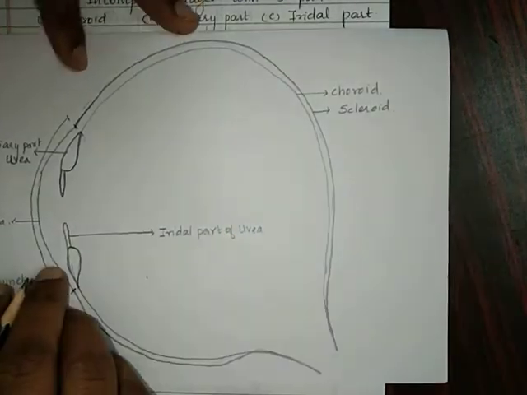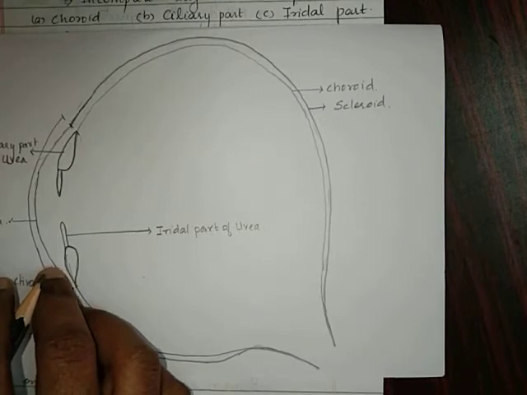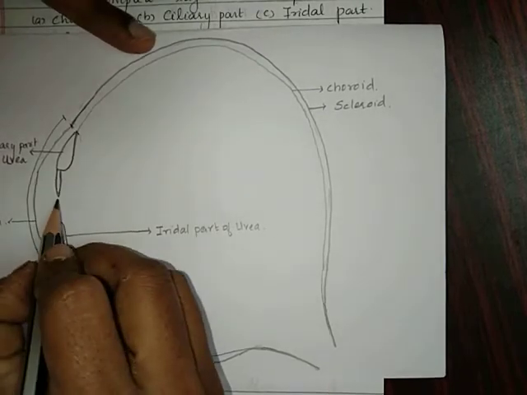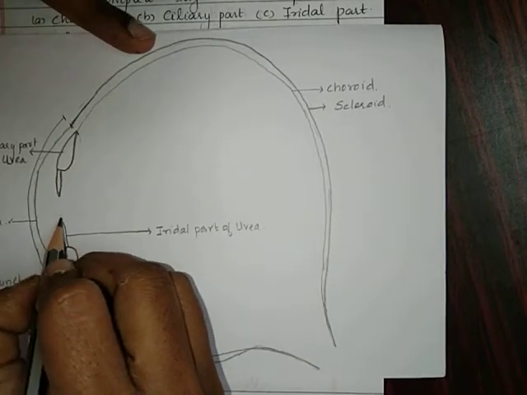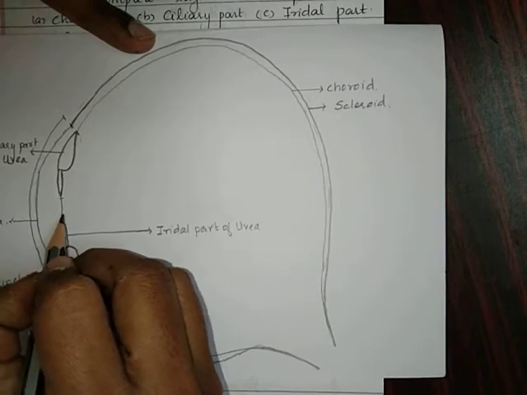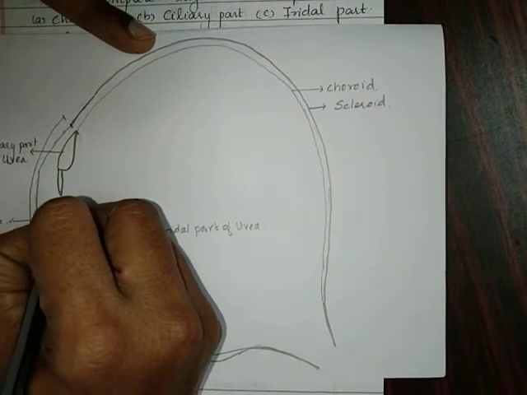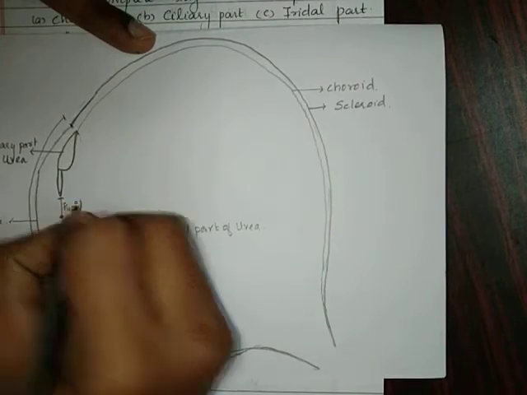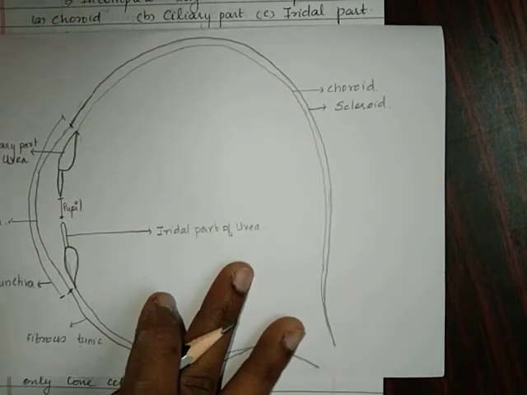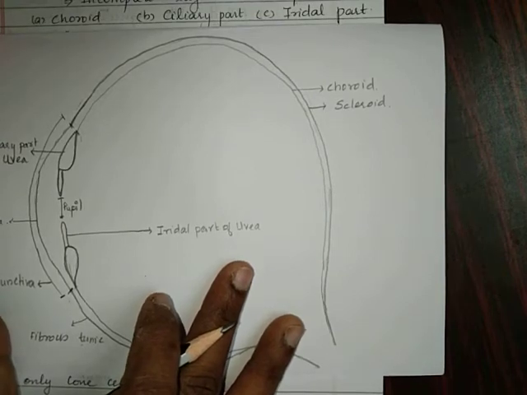So this is the second layer, which is an incomplete layer. Now here there is a space that is formed. This space is called the pupil. So the space formed between the iridal parts is called the pupil.